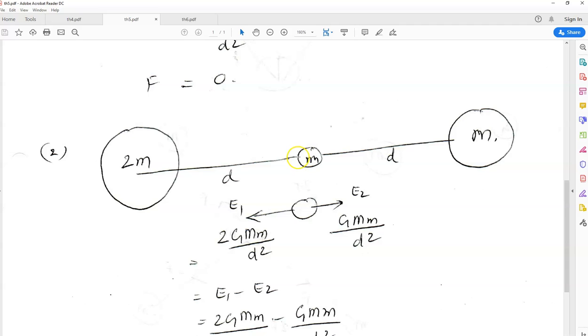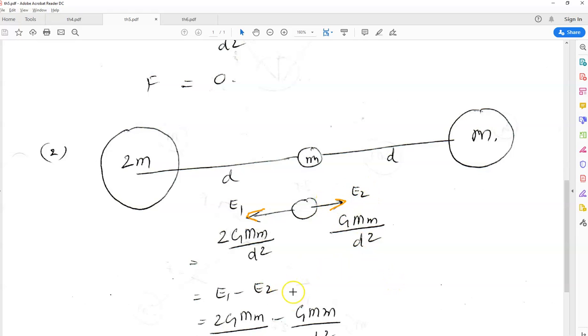Here I've got 2m on one side and m on the other. The force due to 2m acts this way, and the force due to the mass m acts this way. Again these two forces are opposite in direction, but the magnitude here is 2GMm/d² and here it's GMm/d². This is the bigger force, so when you apply basic vector addition, E1 minus E2.